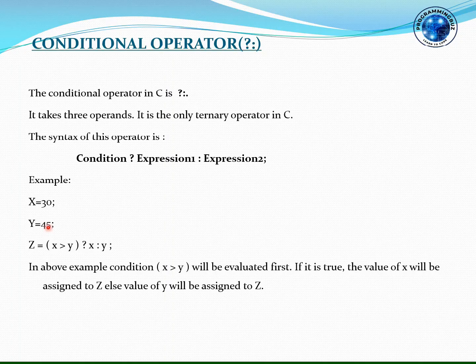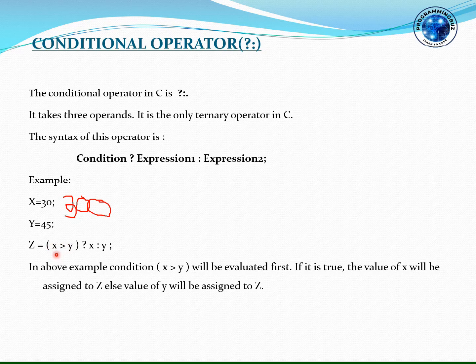So with this statement z will be equal to y, that is z will be equal to 45. But what if x equals 300? Let us consider that x equals 300. Then the value of x, that is 300, will be greater than 45. So if I change the value of x, instead of 30 if it is 300, then this condition becomes 300 greater than 45.